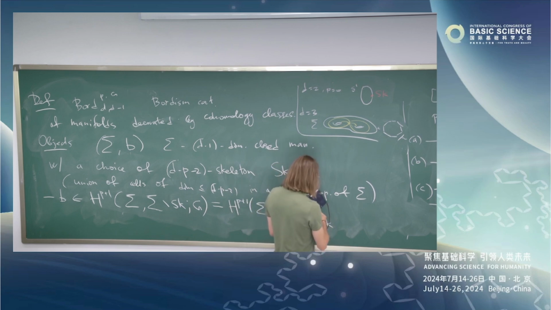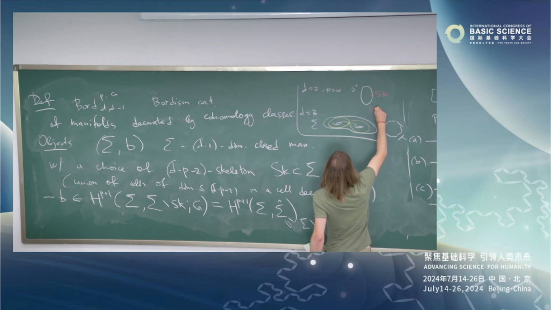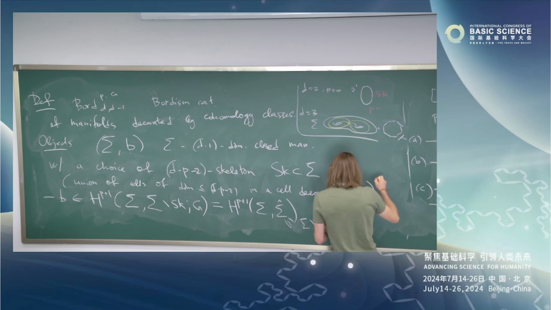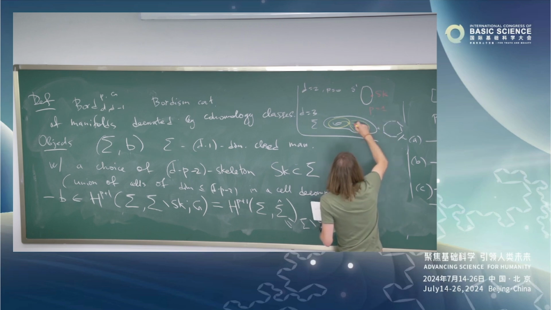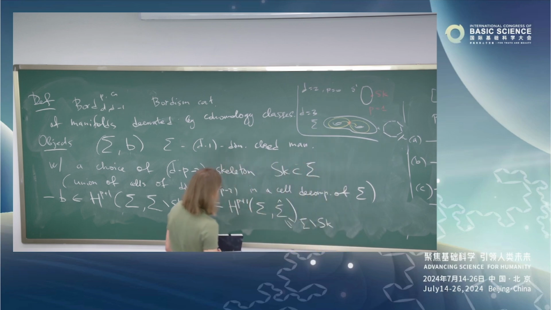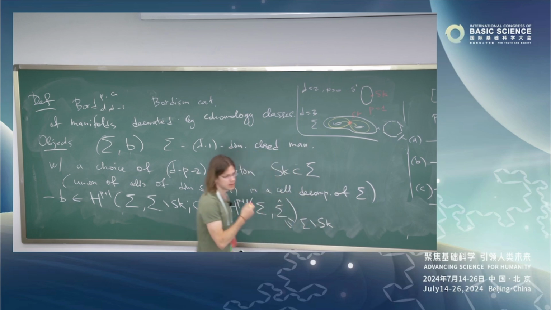I'm doing both cases actually. So first, let me consider the case p equals 1. Then d minus p minus 1 will be 0, and this will be the skeleton, which is a single point.